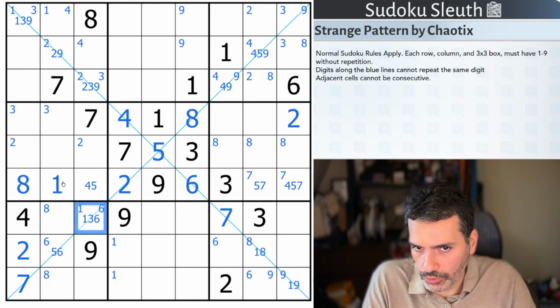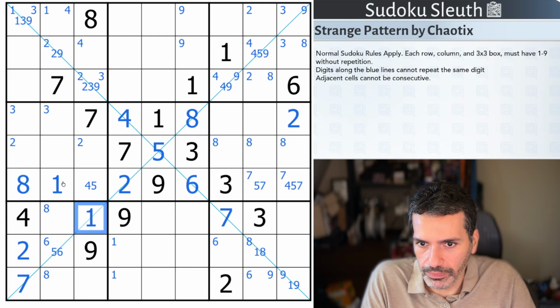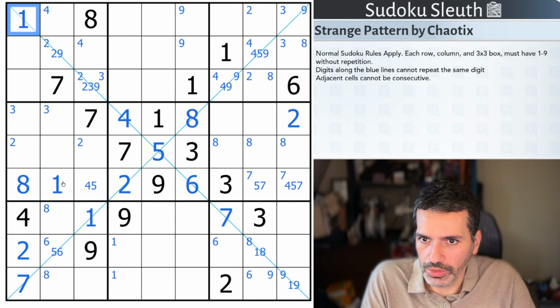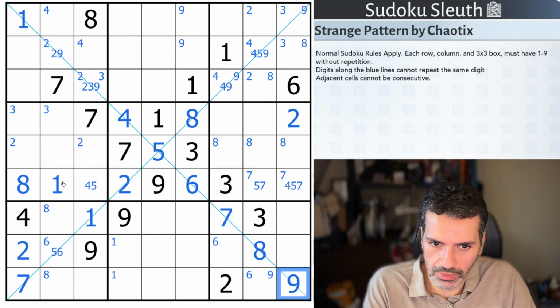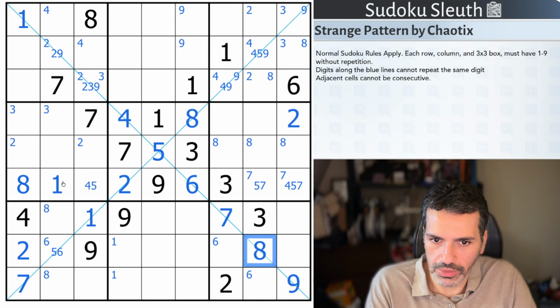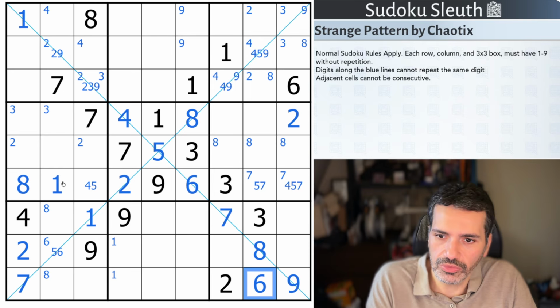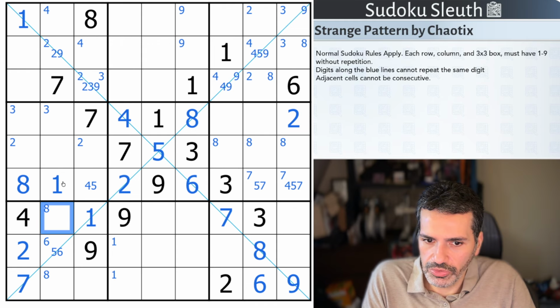There has to be a 1 on this diagonal, so that becomes a 1. That forces no 1 here, 1 there. No 1 on this diagonal, so that's 8, 9. That's not 9. That can't be 7. That is 6. And I think we basically went from really stuck to we're pretty much done.